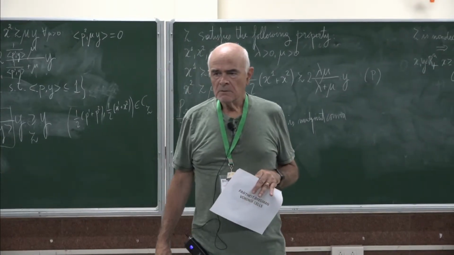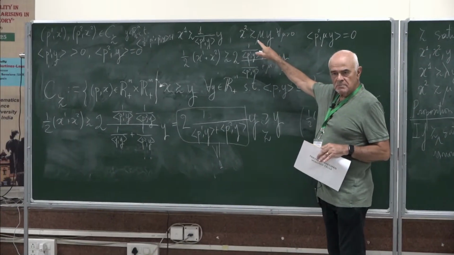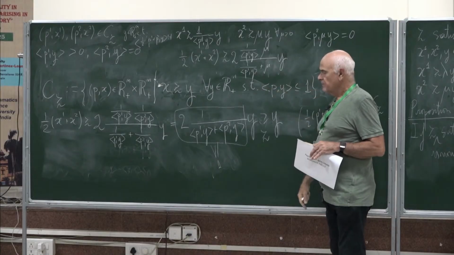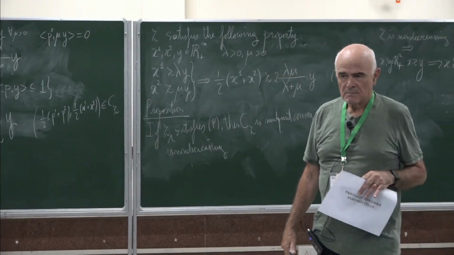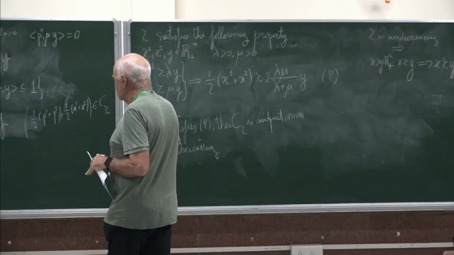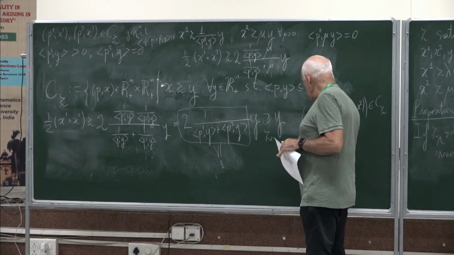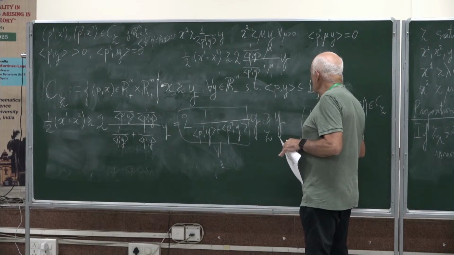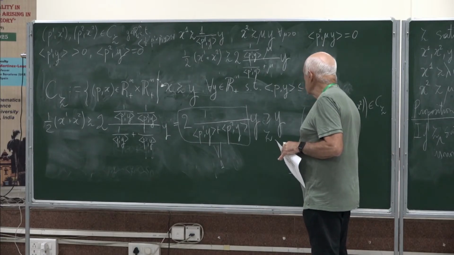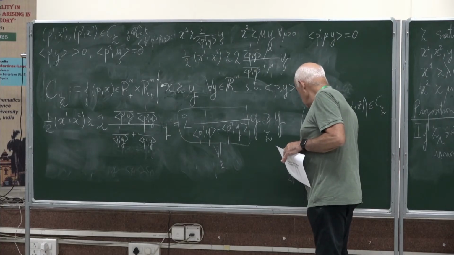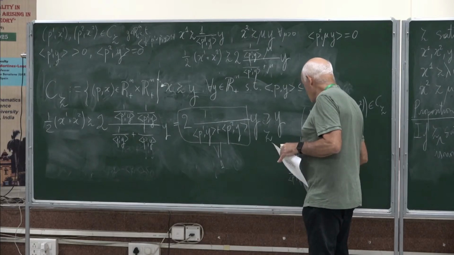And probably, I guess, there is some mu for which this quotient is, hopefully, greater than or equal to 1. Is there such a mu? Is there a positive mu such that this is greater than or equal to 1?